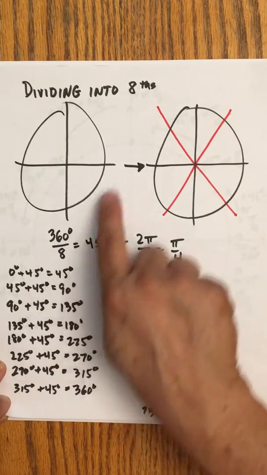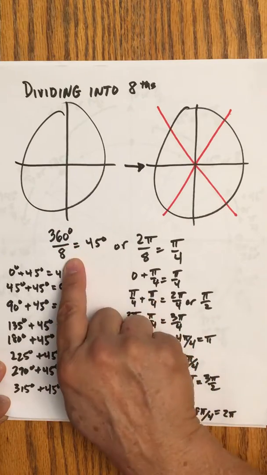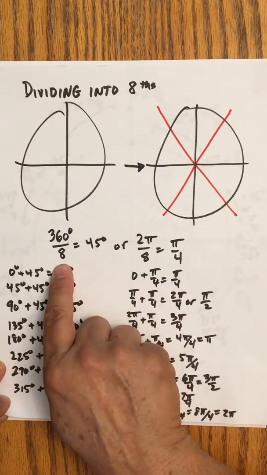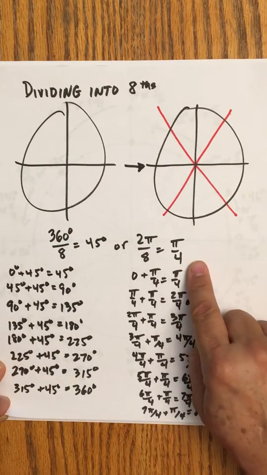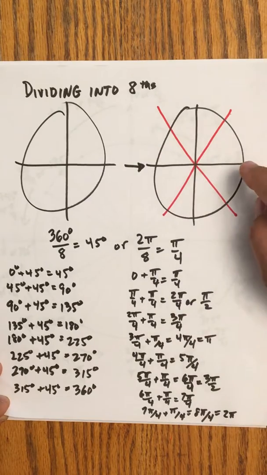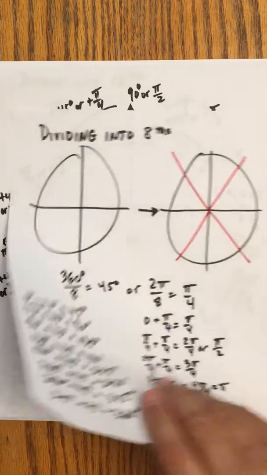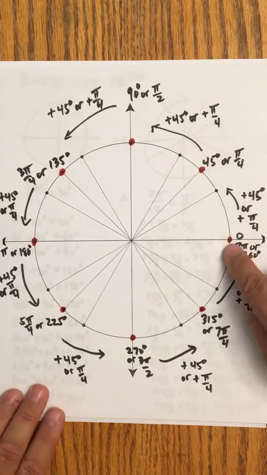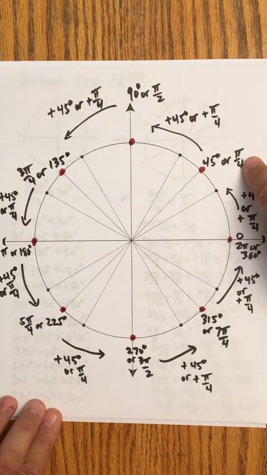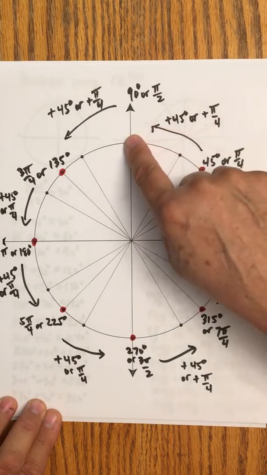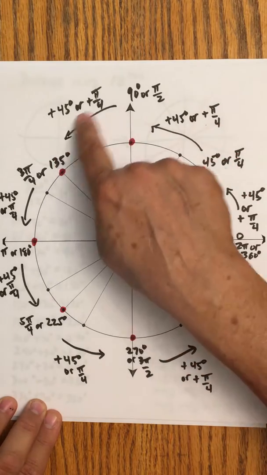Basically you're dividing the whole revolution, which is either 360 or 2 pi, in 8ths. So you get either 45 degrees or pi over 4. And so what you're doing is you're starting here, and you're just adding 45 degrees or pi over 4 each time. So I add another 45 degrees or pi over 4, add another 45 degrees or pi over 4.